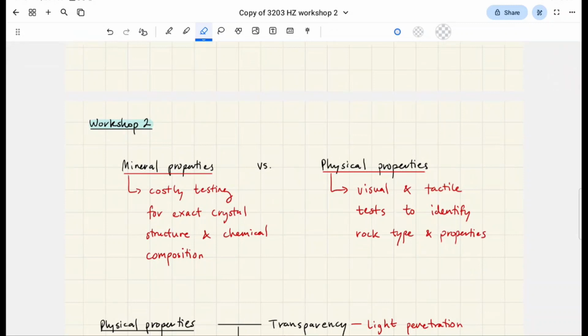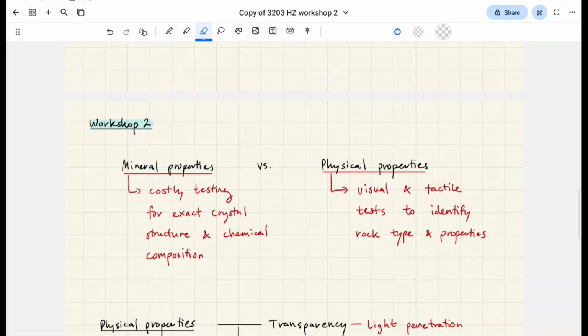the idea with mineral physical properties is that you can get a rock sample or a soil sample from site, bring it into a lab, and get it fully tested with chemical testing and so on. But this is very costly in terms of time and money.